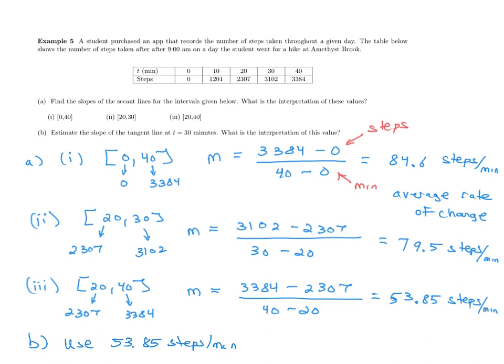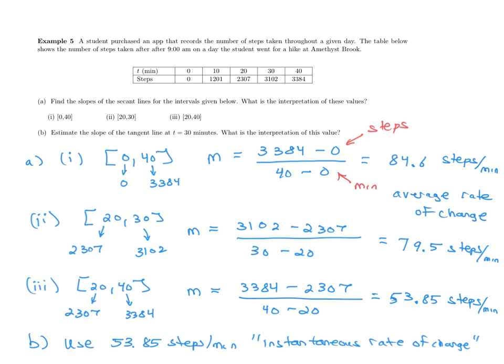And what is the interpretation of this? This is an instantaneous rate of change. Meaning at exactly 30 minutes, the rate at which the student's steps were changing was 53.85 steps per minute.